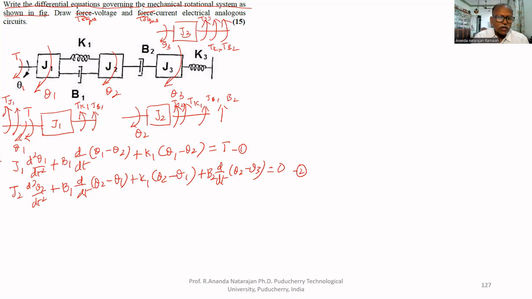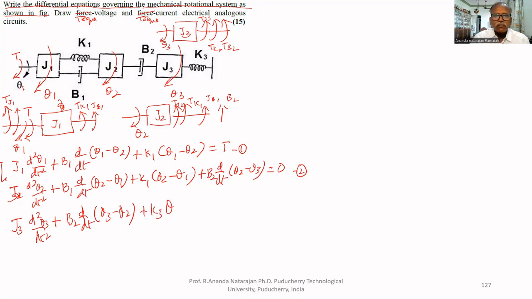Therefore, we write J3 d square theta 3 by dt square plus b2 d by dt of theta 3 minus theta 2 plus k3 theta 3.